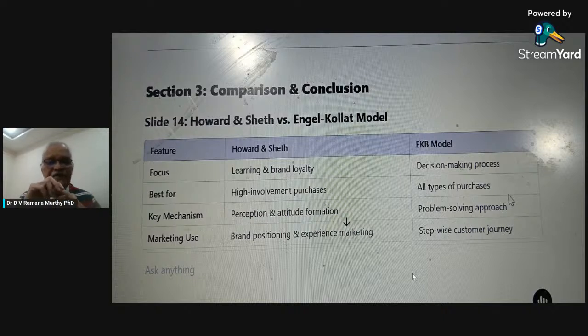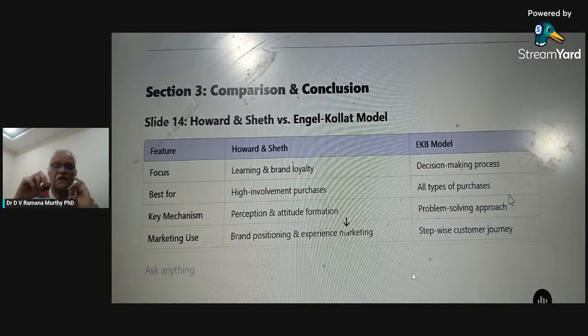On the focus dimension, the Howard and Sheth model focuses on learning and brand loyalty, and the EKB model concentrates on the decision making process. Of course, both are the same in a way at the end of the story, but Howard and Sheth talks about learning and brand loyalty.